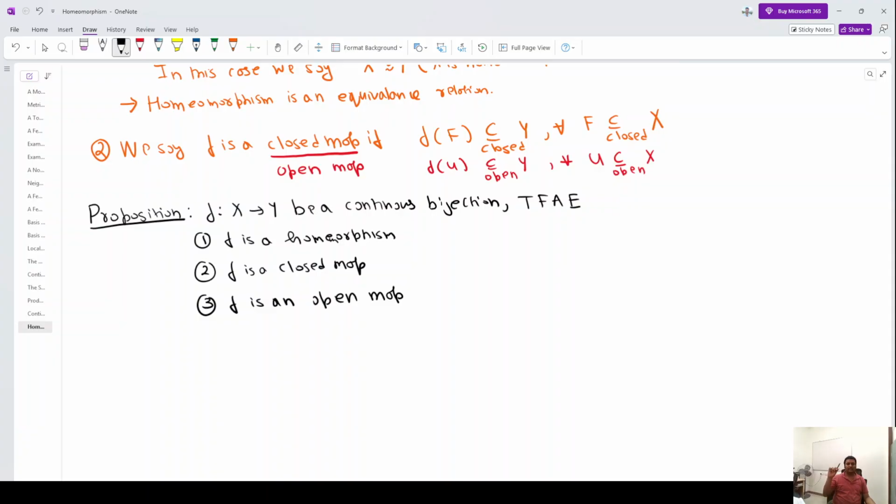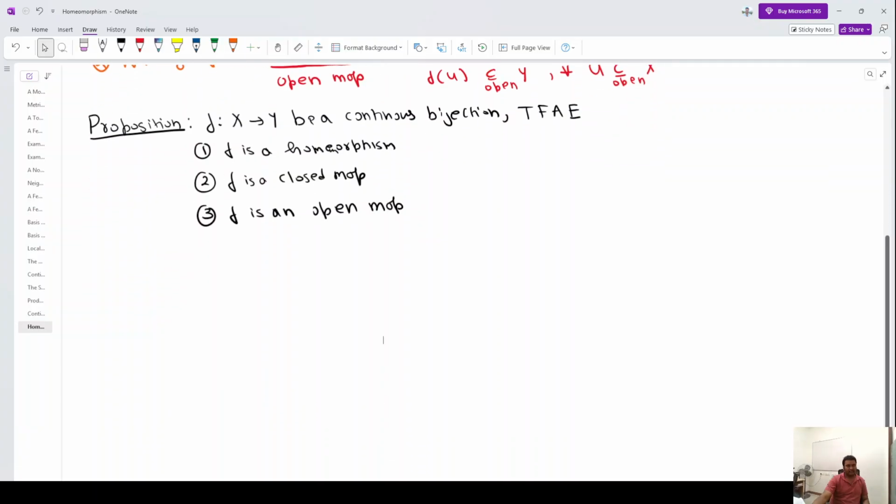Trust me, this will be very important. When we learn compact and Hausdorff spaces, we will have a very important theorem there, which we will use many, many times in something called quotient spaces. So for that you need to learn compact and Hausdorff spaces.